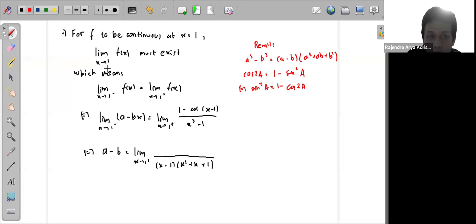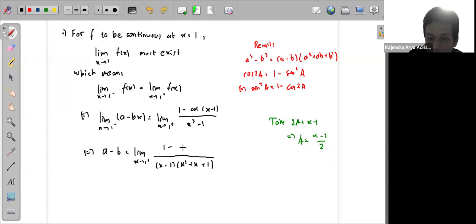Here we take 2a as x minus 1. That means a is x minus 1 divided by 2. Okay, so this sine minus cosine x minus 1 is just this expression.